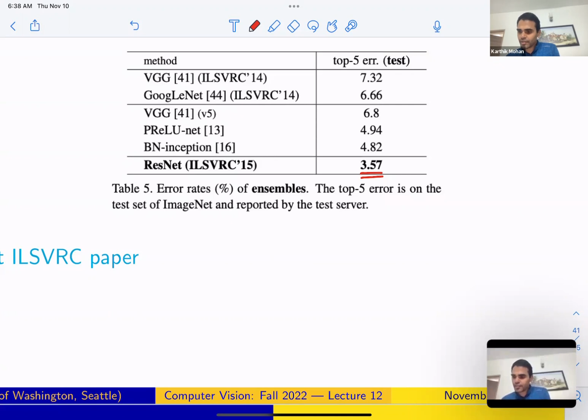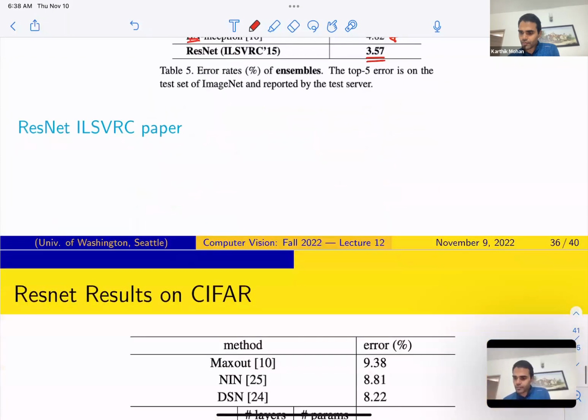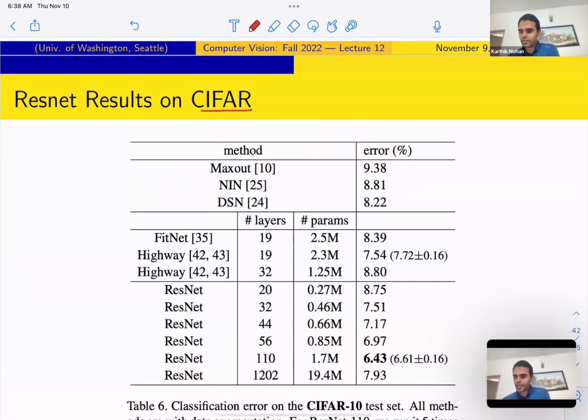And this is compared to Inception with BN, which refers to batch normalization, versus VGG at 6.8, right? And they also tested on CIFAR. CIFAR is another image set. It has about 60K images, like 50K for train and 10K for test.